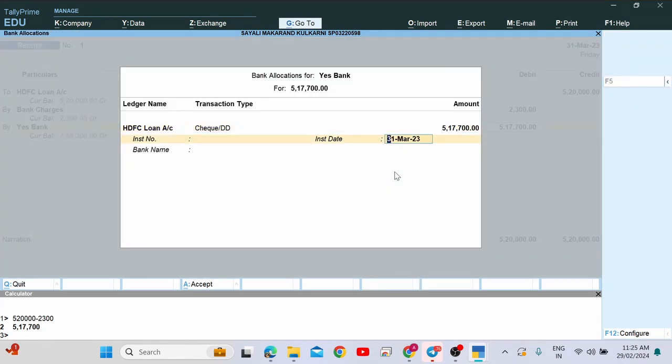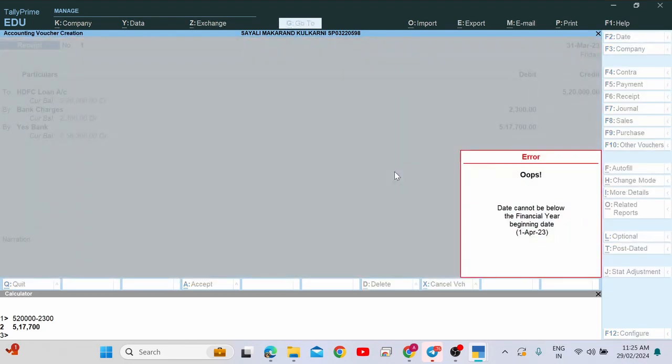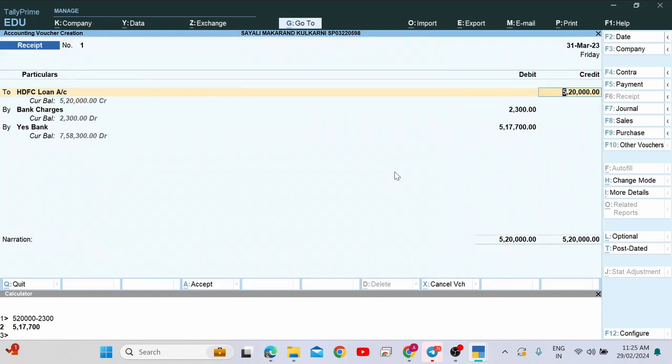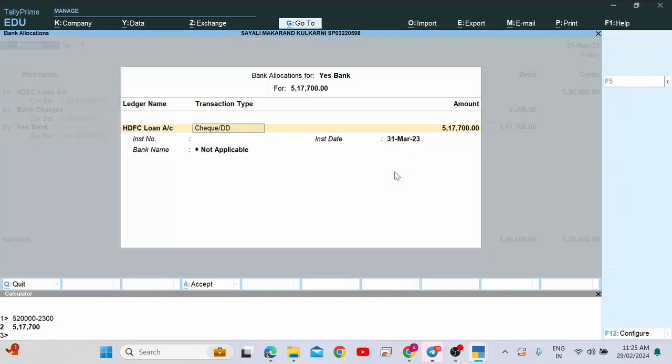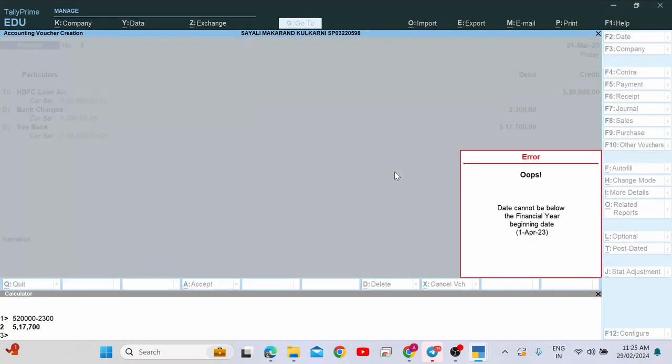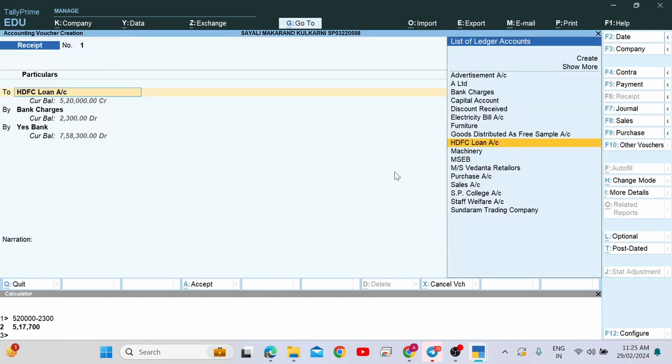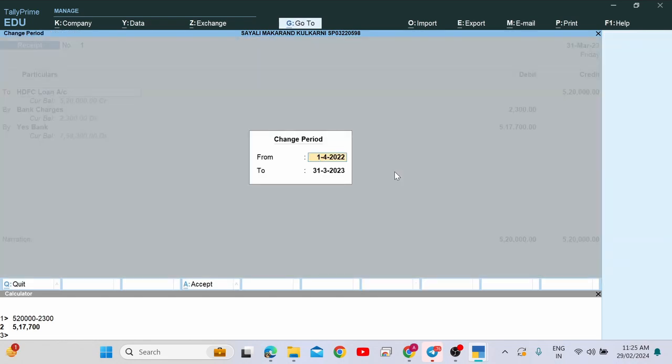Enter, accept it. Date is correct. What is this? We have got an error of financial year. That means your current period should be 23-24, and we are in the period of 22-23. You have to change the period.